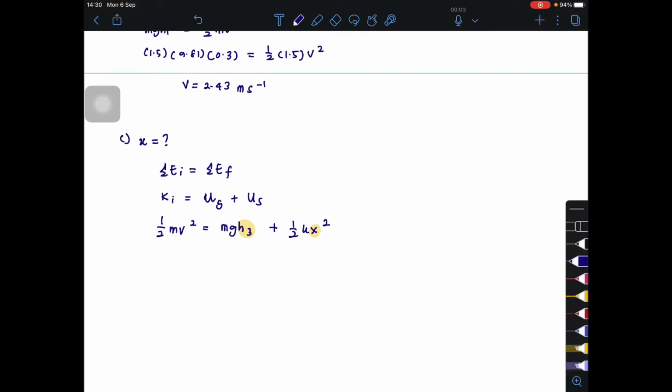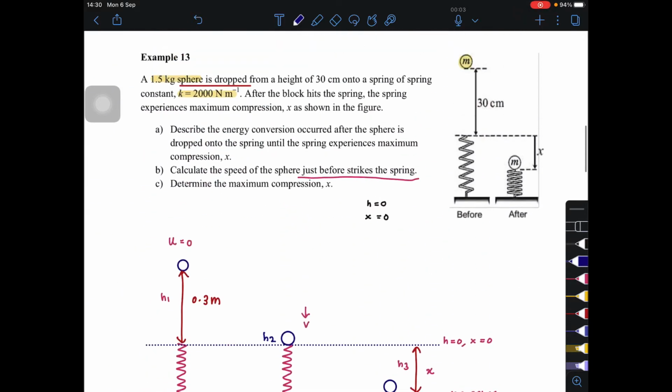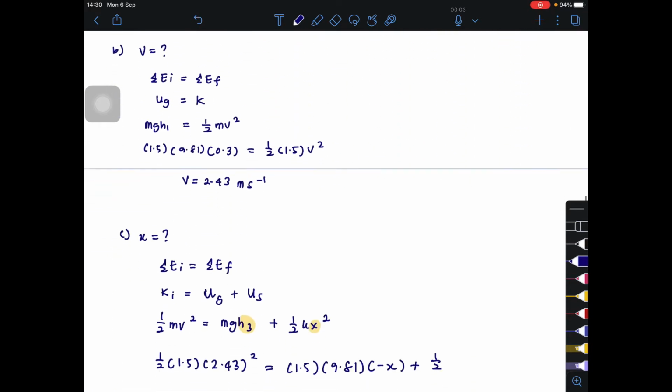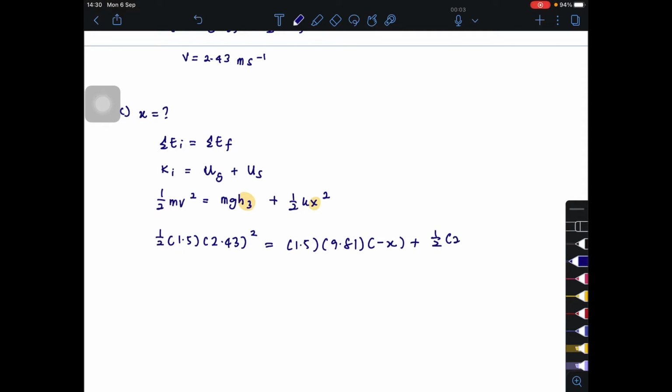So kamu akan masukkan half mass is 1.5. V adalah V yang tadi. And then g 9.81. H3 is negative X plus 1 over 2 k. K tadi this value here, 2000 Newton per meter.